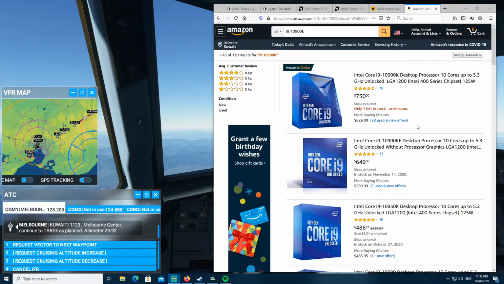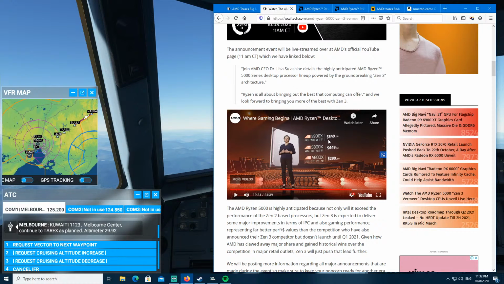And now you've seen 10-core i9s weaker, and it's not that high a price. It's a little bit cheaper. Usually Intel will charge more than 750, but still, this is really competitive, and I don't know what's going to happen.